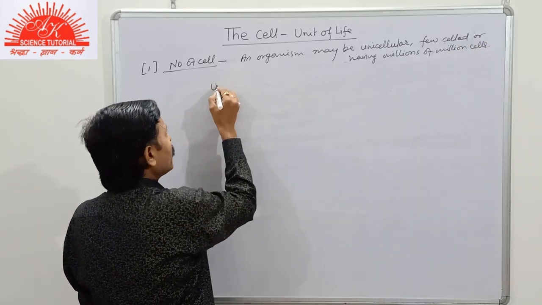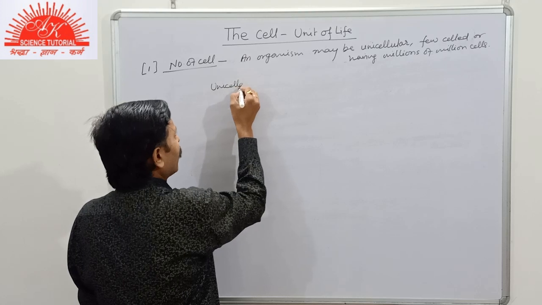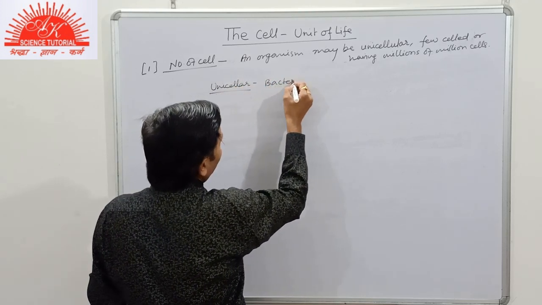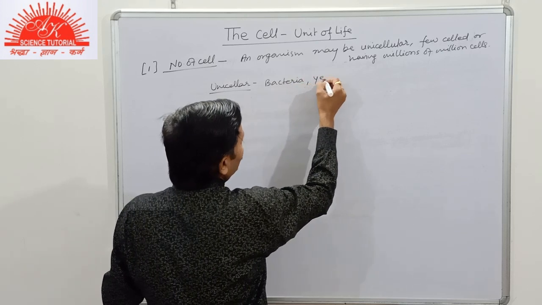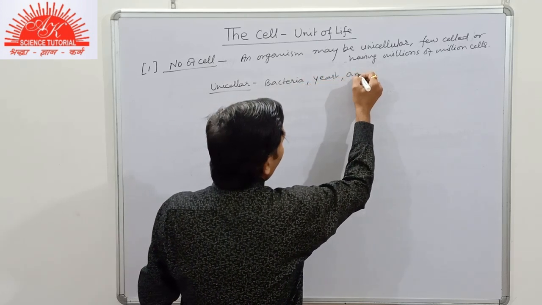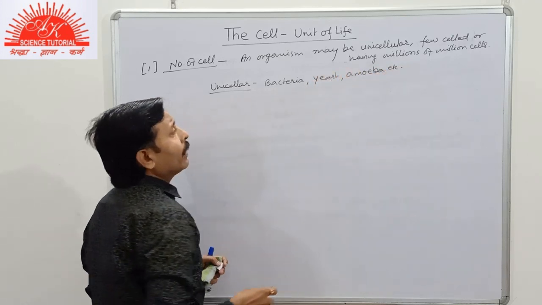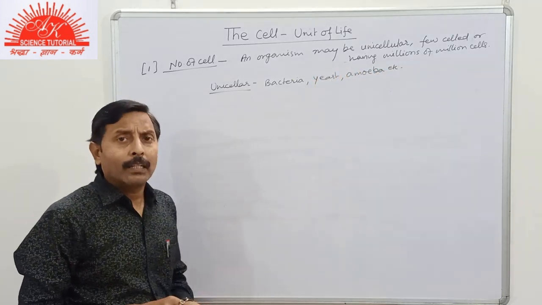Suppose we write unicellular. There may be some examples like bacteria, yeast, amoeba, etc. These are single cell.